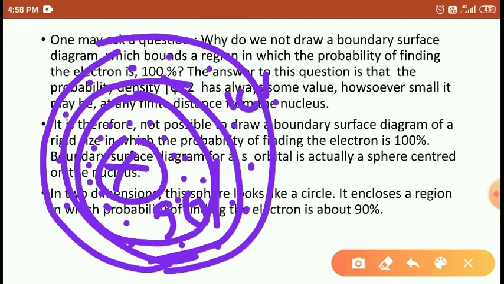So it means 90% of the electrons cannot be occupied in the same region, because when energy is absorbed, the electron jumps to the excited state, a higher energy level. So that's why electrons cannot be occupied 100% in this region, right students?